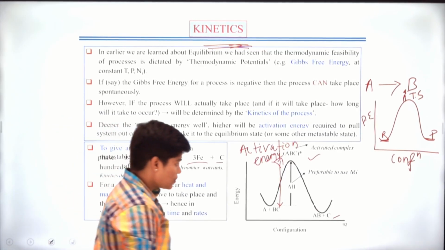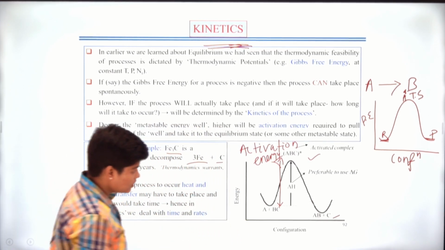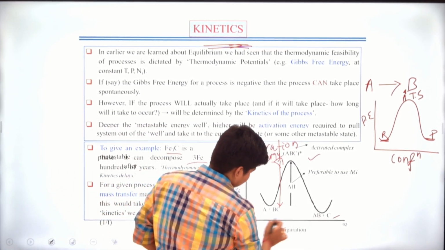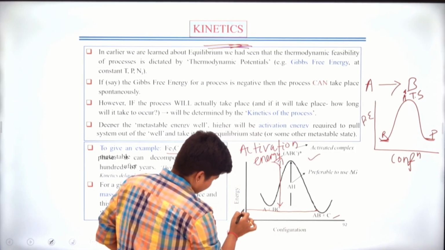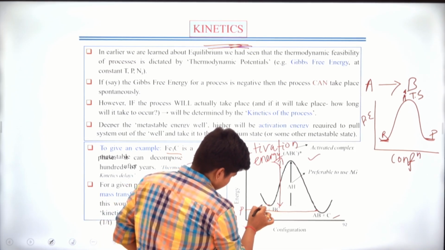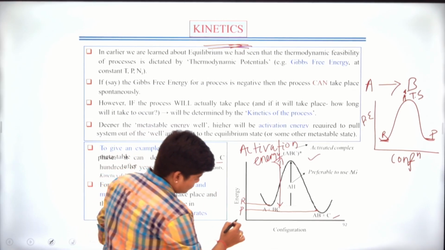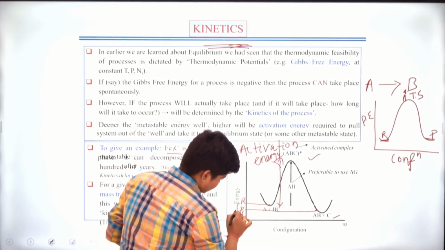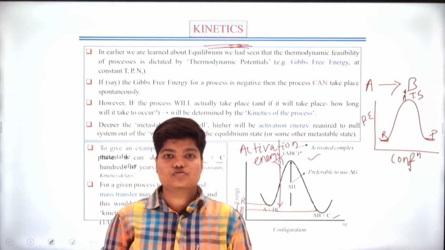Everywhere we can see whether the reaction is stable or not. If the product energy is less than the reactant energy, here it is the product energy and here the reactant energy, from the diagram we can see the product energy is less than that of the reactant, which means the reaction is stable, the reaction is exothermic.